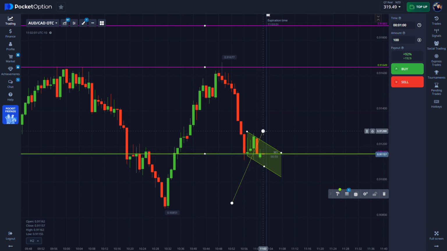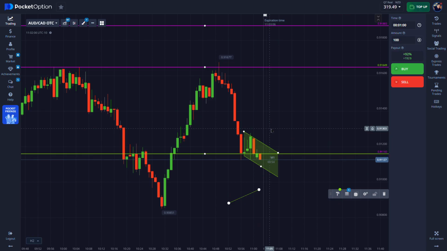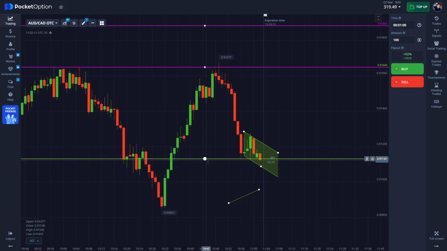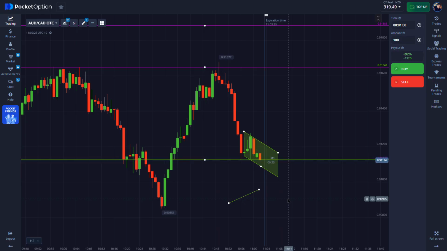Get a breakout over here, and I'll take a trade. Equalize. Wait for confirmation. And swift liquidity.